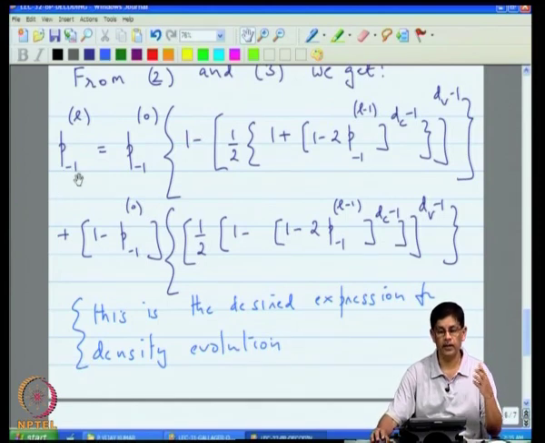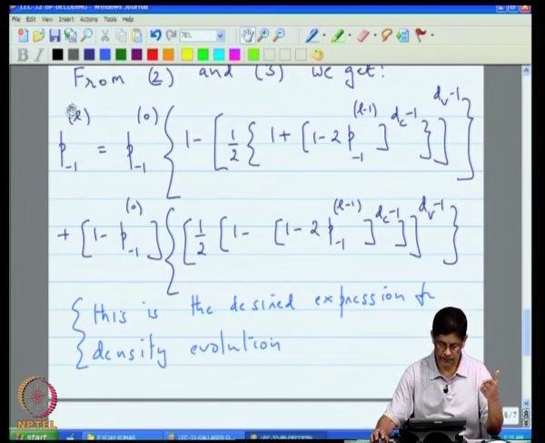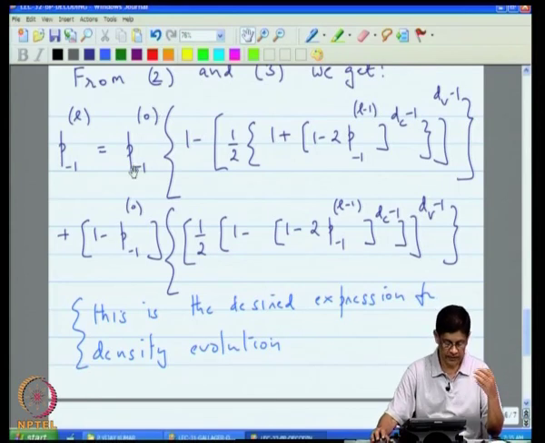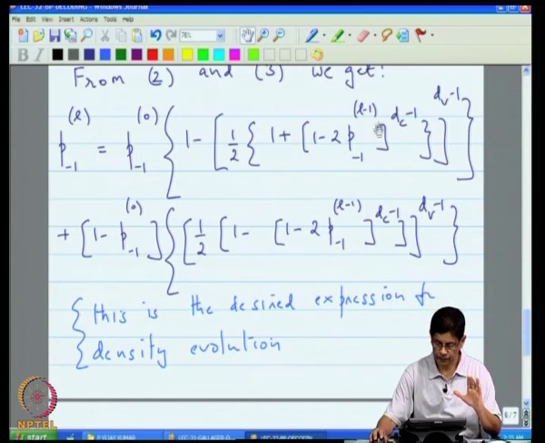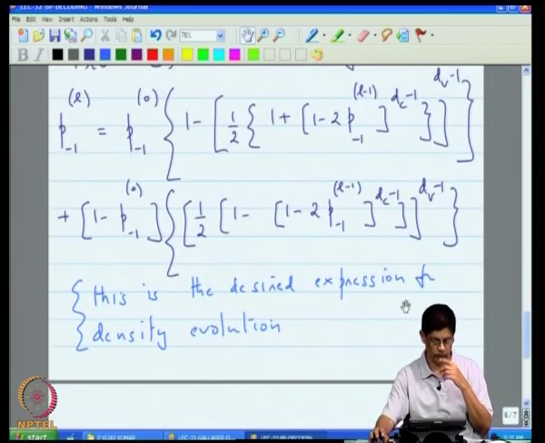After all, we assume that the one code word was transmitted. We have expressed this in terms of the initial channel probabilities, epsilon and 1 minus epsilon, which are known, and the corresponding probabilities in the previous iteration. So, that is what we wanted to do.